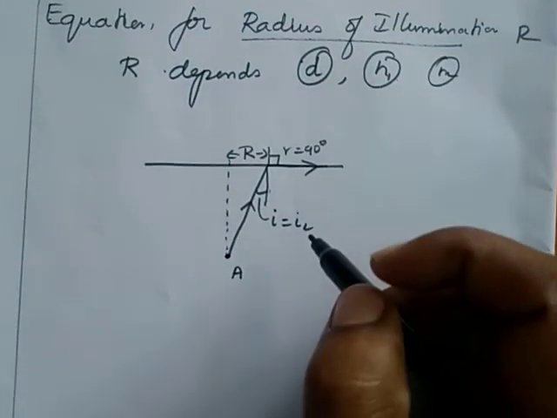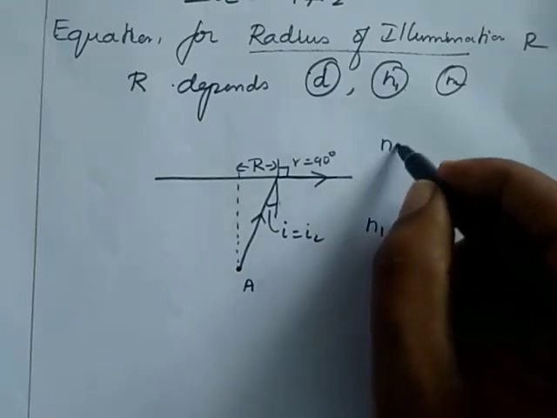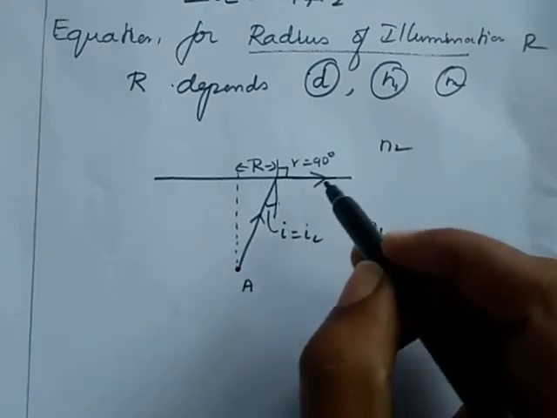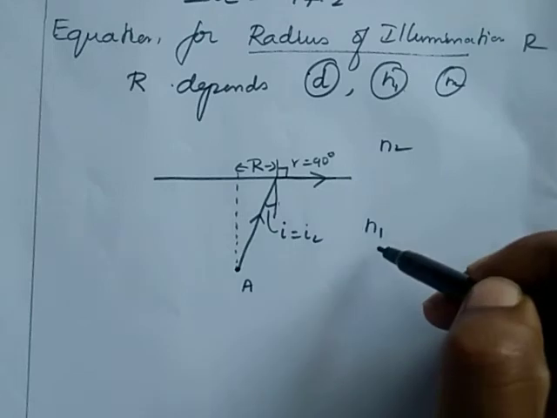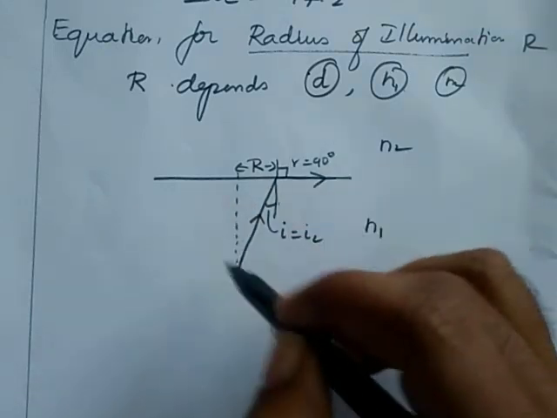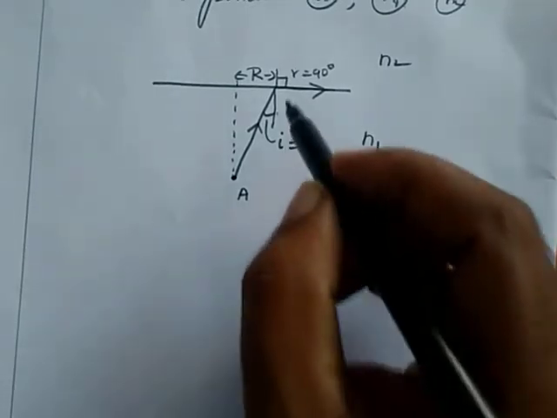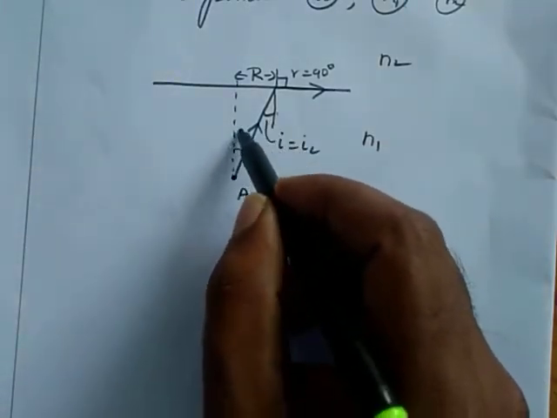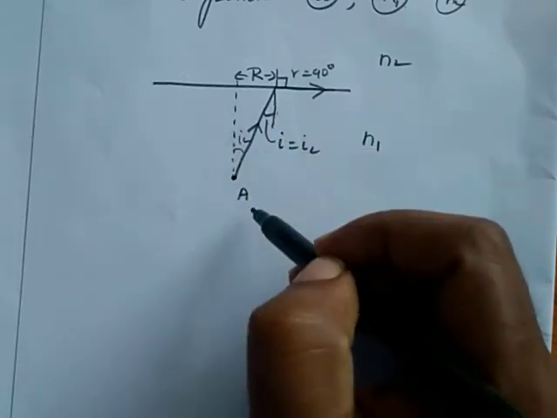Here it is the first medium n1, here it is the second medium n2. Here we also apply the principle of reversibility. In your book the direction will be changed. Light comes from rarer to denser medium, like that we can consider this one is good. This is IC, so we can write this one also IC, because alternate angles are equal.